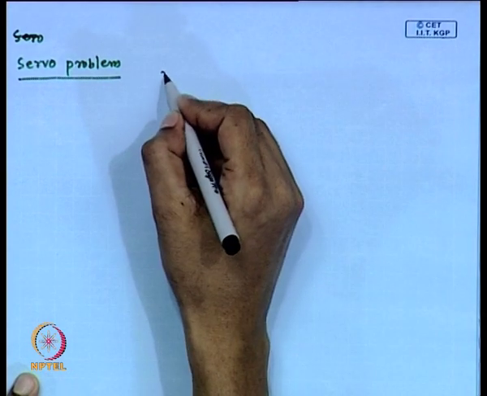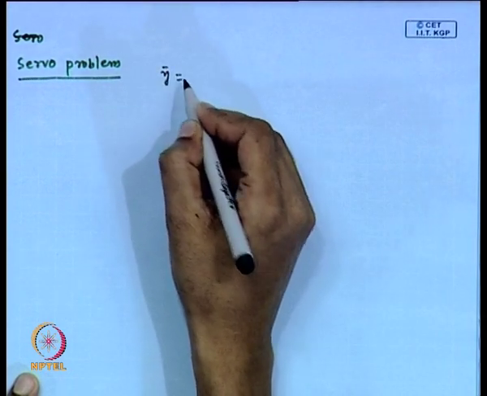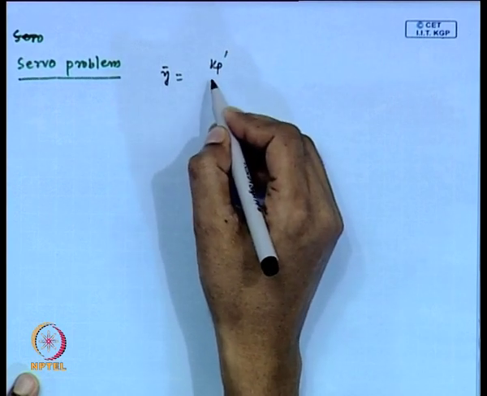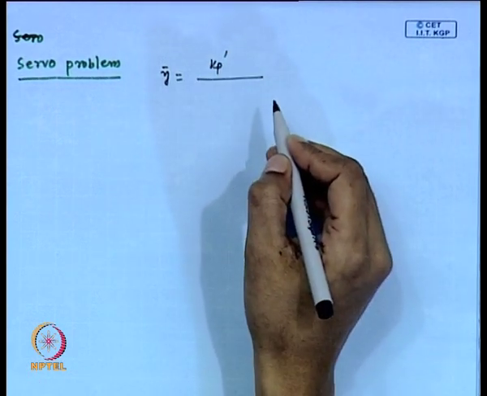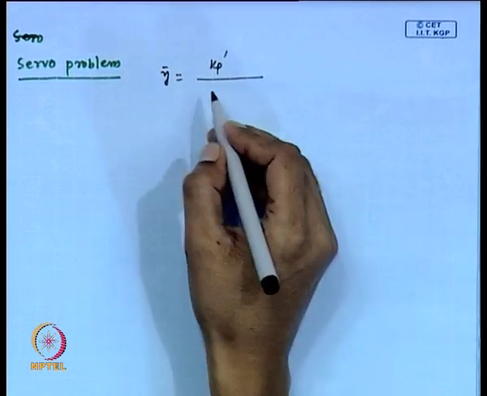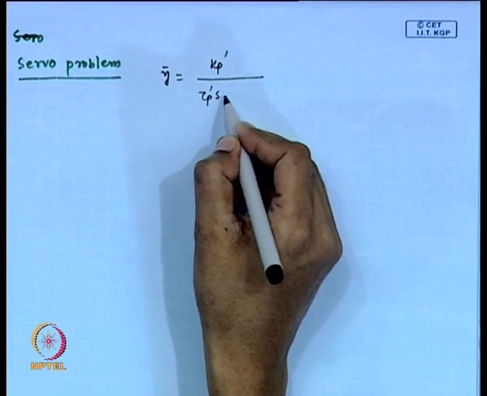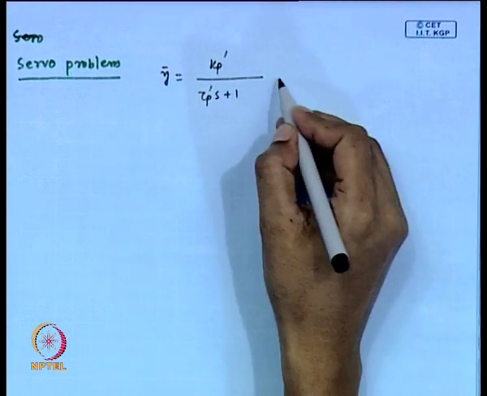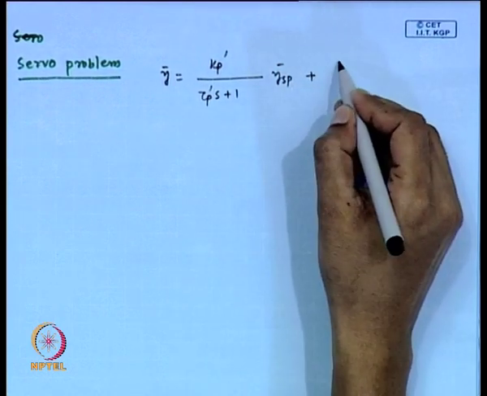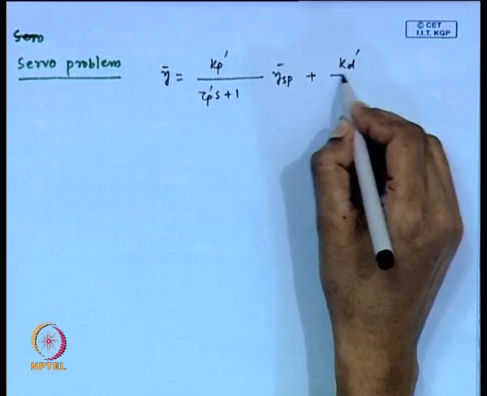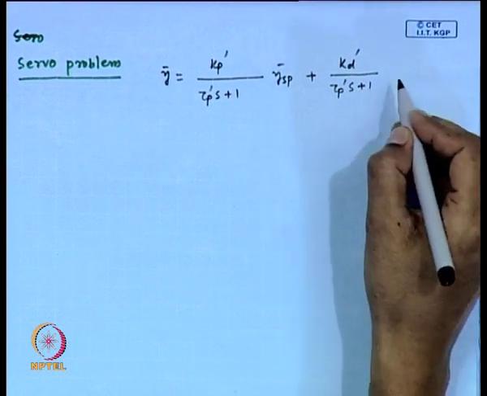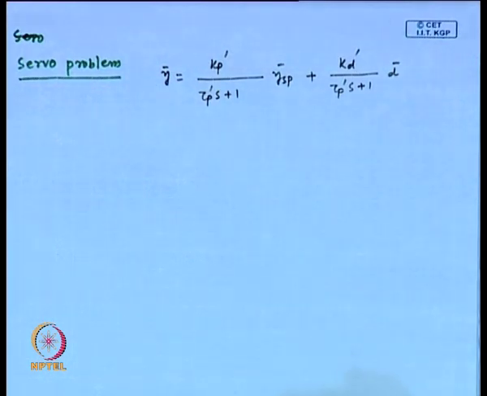Our closed loop transfer function is represented as y bar equals Kp prime divided by tau p prime s plus 1 y set point bar plus Kd prime divided by tau p prime s plus 1 d bar.